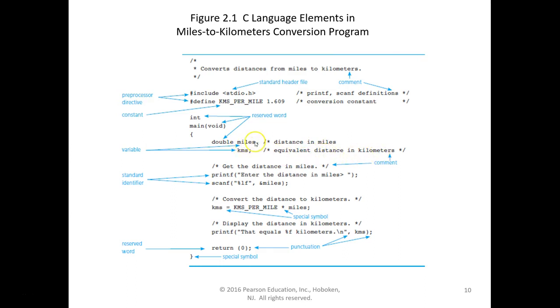You define the variables you're going to be using, and you have to define them. If you don't define the variable, you're going to get some error. If you're using mile and kilometers, you have to define them, and the type here is double.